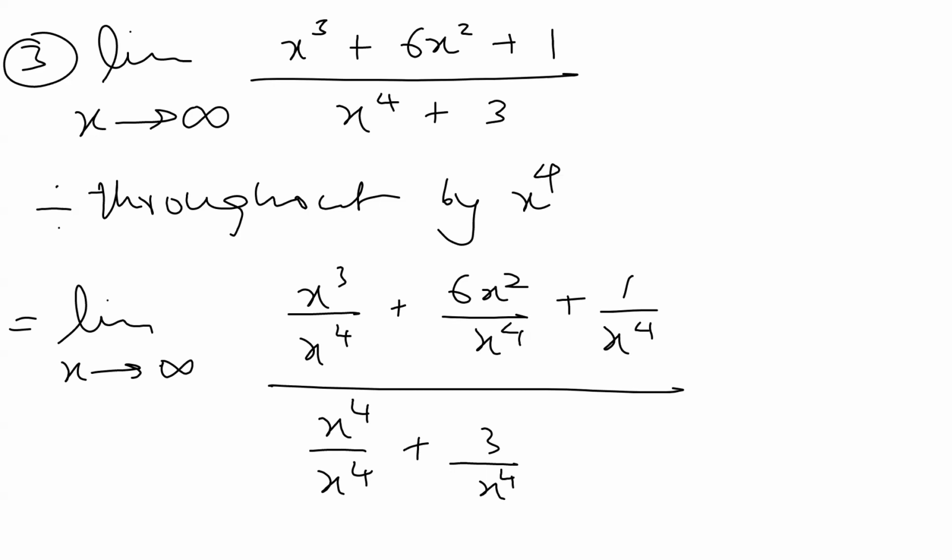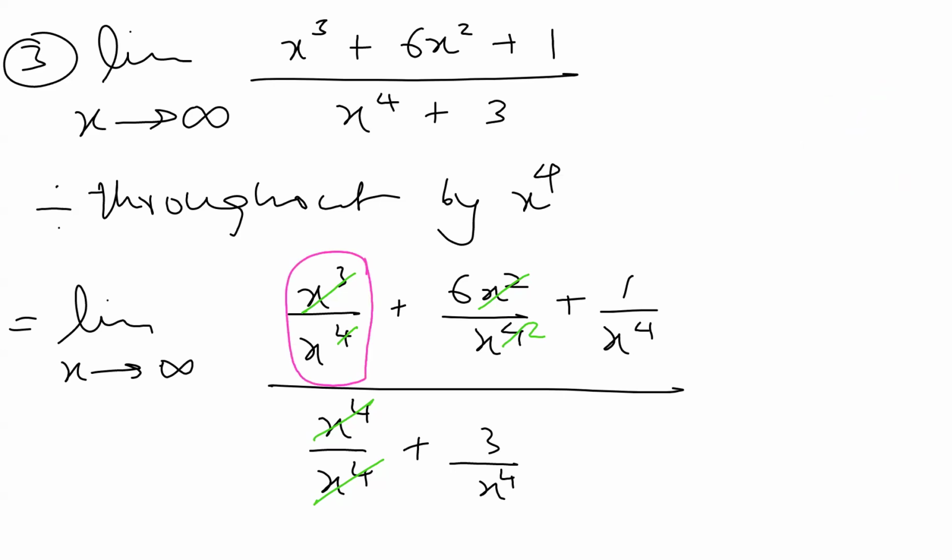Okay, so cancellations. X square upon x raised to 4, so this will be x square down. Myra, you got this? Yes. Now after cancellations, we will try to work on each and every term.